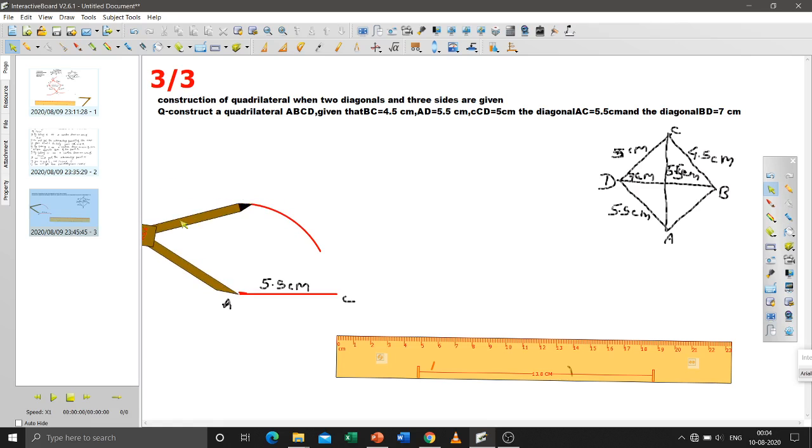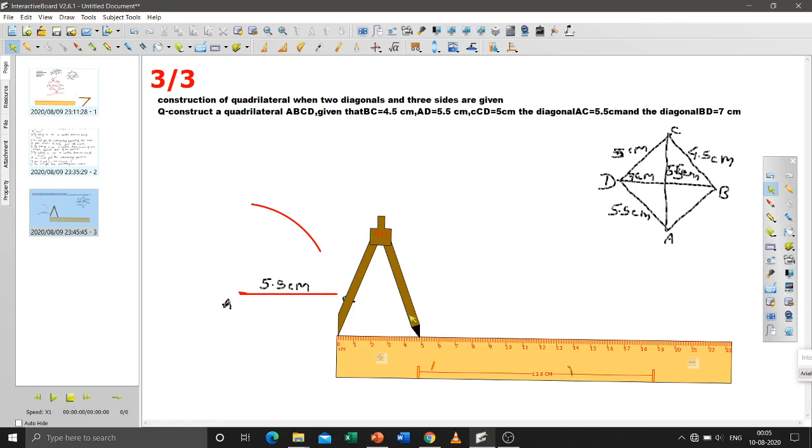Now again, by taking C as a center, we'll adjust the opening to 5 centimeter.